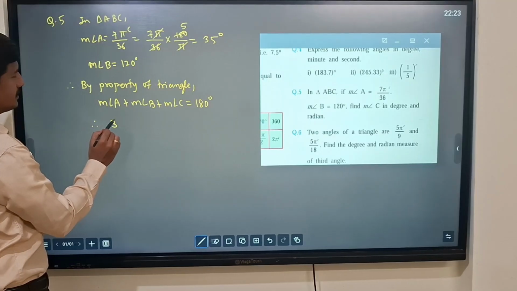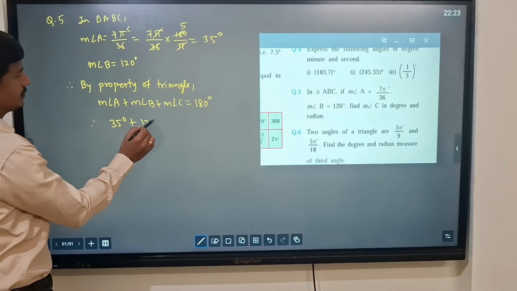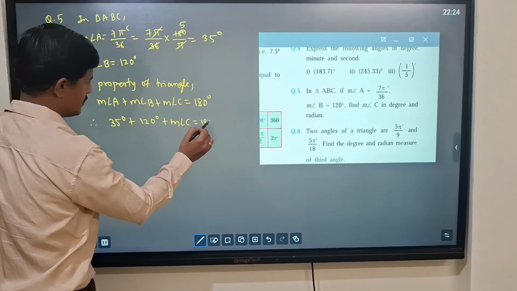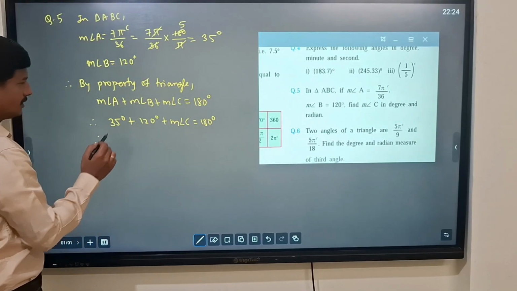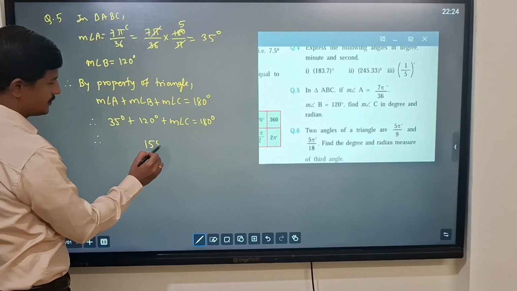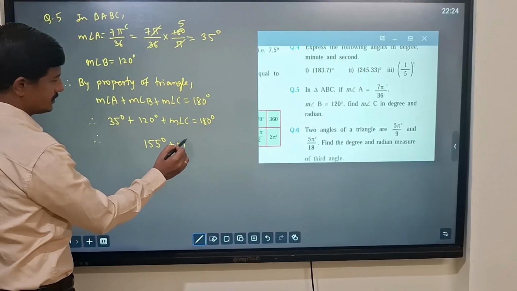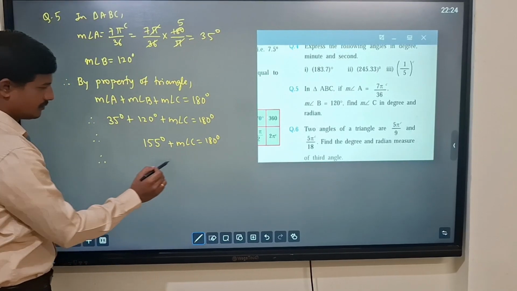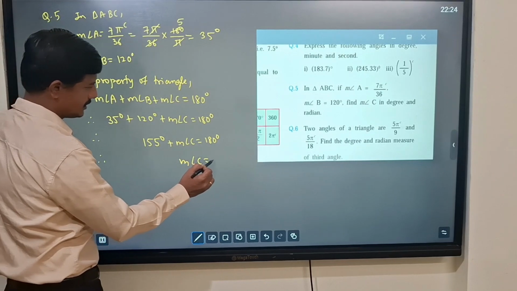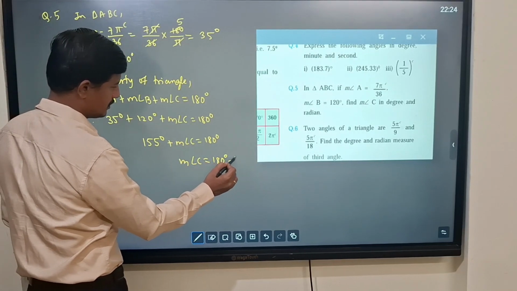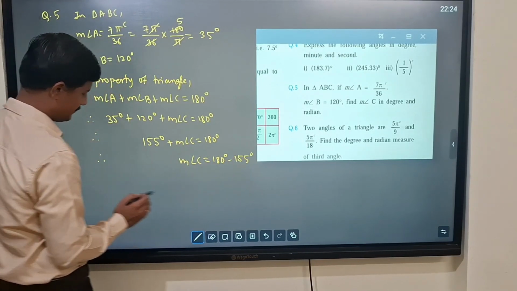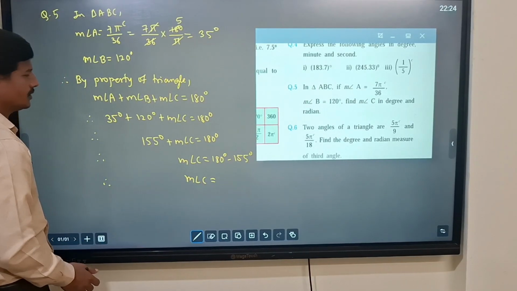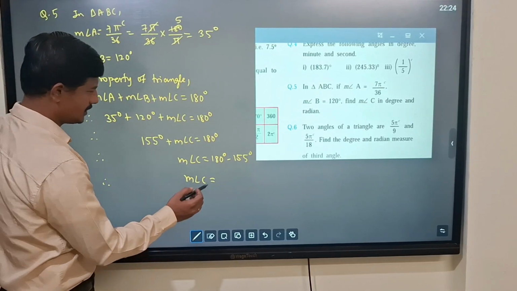So angle A is 35 degrees, angle B is 120 degrees, and the unknown angle is angle C. After adding, this becomes 155 degrees plus the measure of angle C equal to 180 degrees. Therefore, the measure of angle C is 180 degrees minus 155 degrees, which equals 25 degrees.